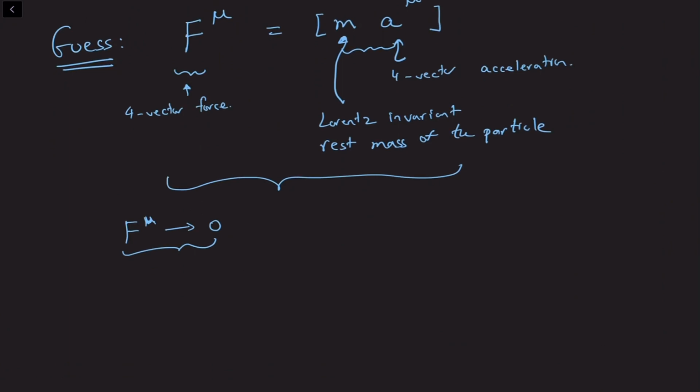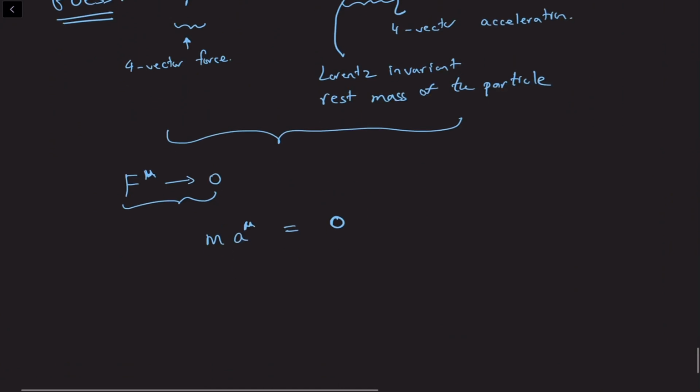So this generalized Newton's law would imply that the mass times four-acceleration of such a particle would be 0. When we say 0, of course what we mean is that for each component of the four-acceleration, it's 0.